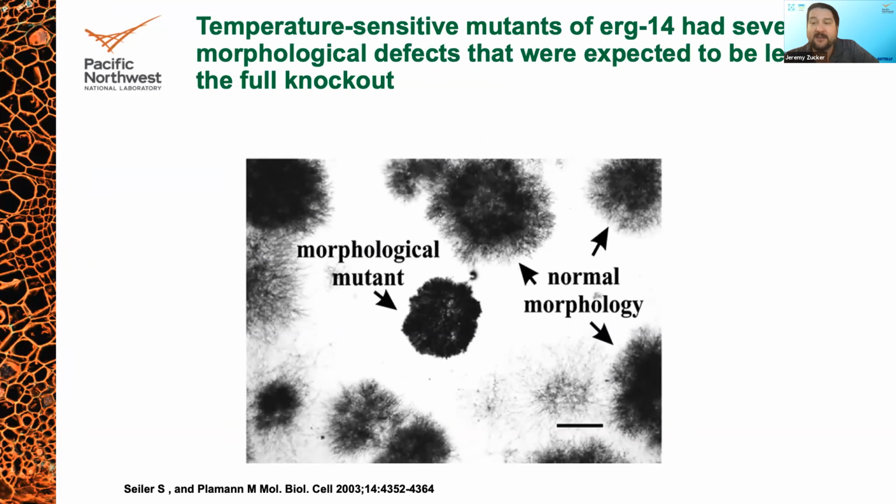In contrast, our model predicted that the ERG14 mutant was blocked in the production of mevalonate, which is a necessary precursor for the sterol component of biomass. Moreover, previous efforts to phenotype temperature-sensitive mutants of ERG14 revealed severe morphological defects, as shown in the image. These defects were expected to be lethal in the full knockout.